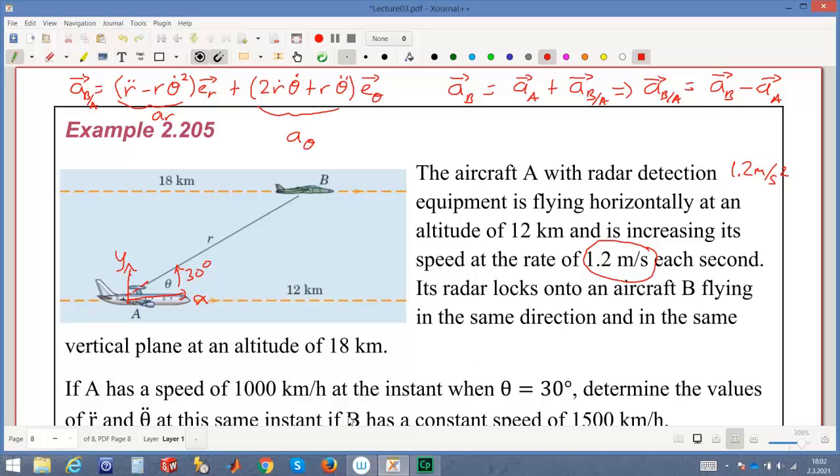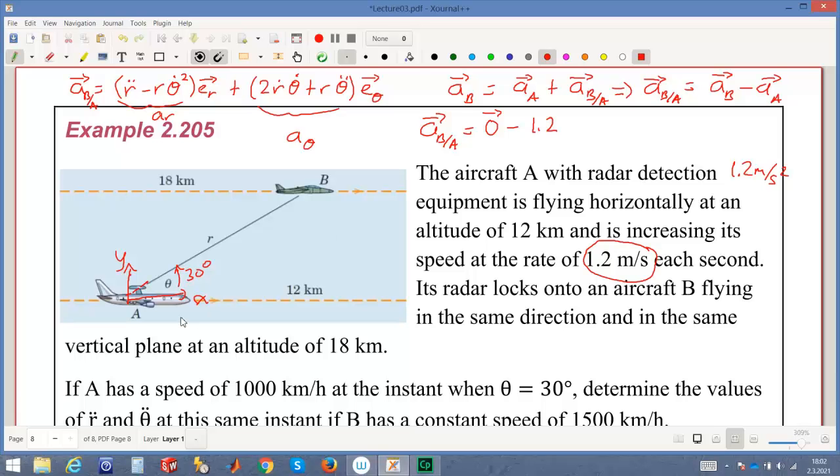And then plane B has a constant speed, so that means its acceleration is equal to 0. So I can directly calculate the relative acceleration as the acceleration of B, which is a 0 vector, minus the acceleration of A, that would be 1.2 meters per second squared.